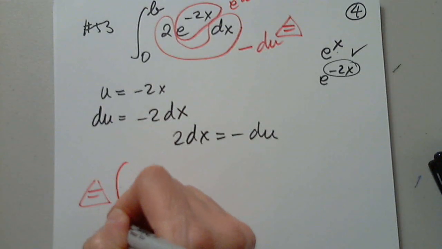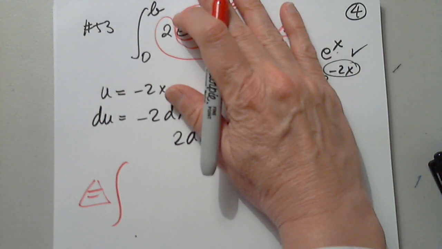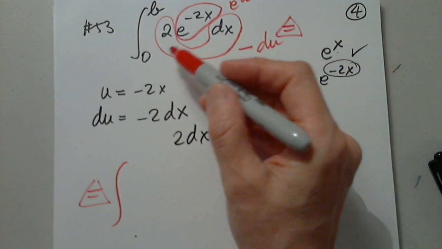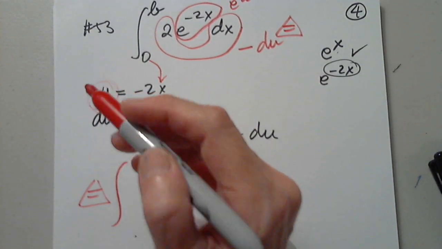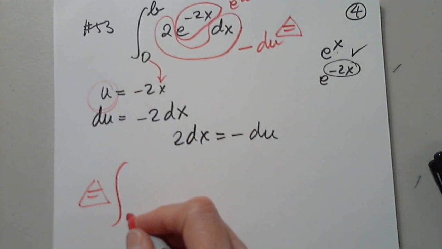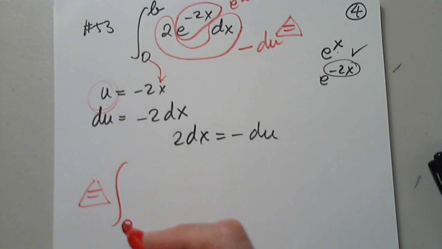So now do not copy the limits of integration. When the lower limit for x is 0, what will be the lower limit for u? 0. That's it.